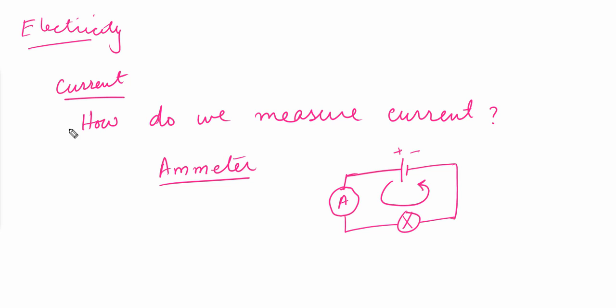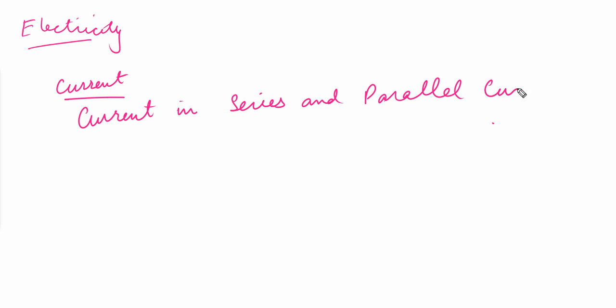Now the next thing that we have to discuss about current is the behavior of the current. As far as the behavior of current is concerned, we have to discuss the current in series and parallel circuits. So I'll draw two circuits over here.